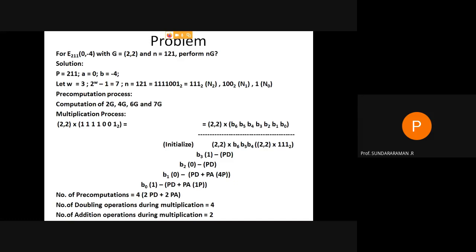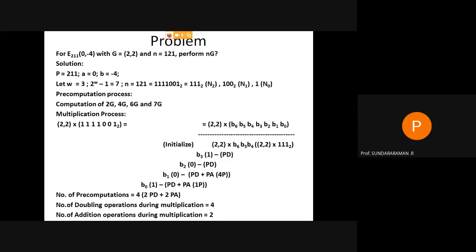Now, just look at the multiplication process. The point g needs to be multiplied with n, because the same example we considered for left to right scalar multiplication as well. First, we have to do the initialization. What is initializing? 7g we have to perform, right?